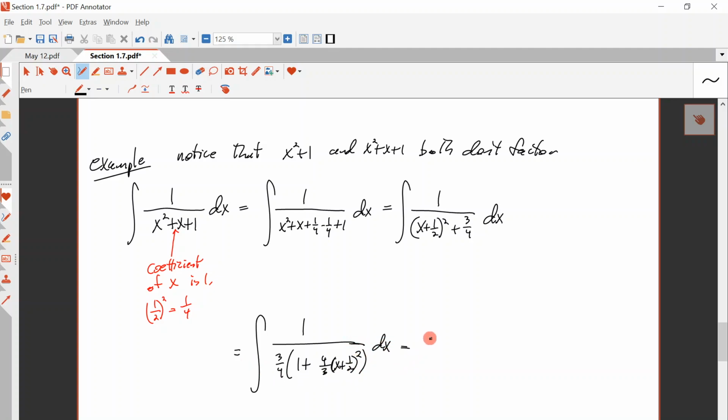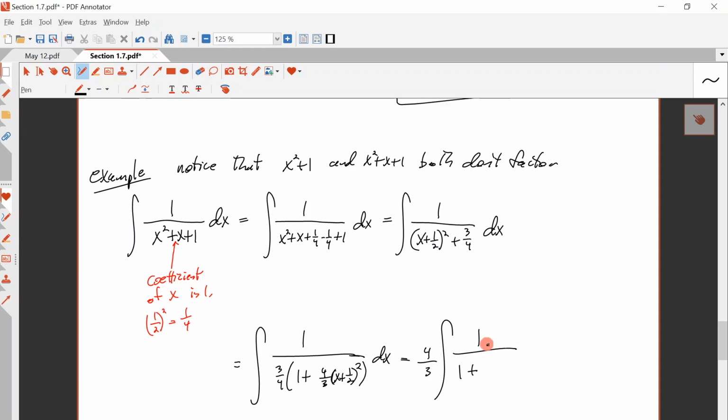Pull this 3/4 out front, pull it out from underneath here, and it becomes a 4/3, right? 1 over 1 plus. So this is going to be the square root of this, which is 2 over root 3, x plus a half, that whole thing squared.